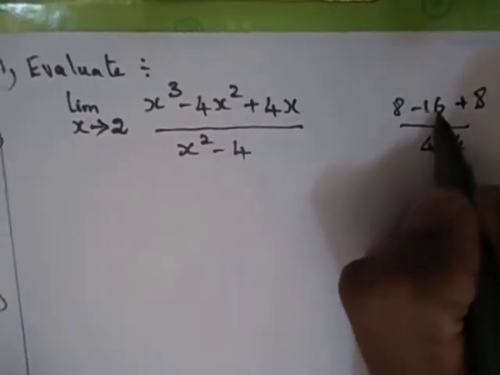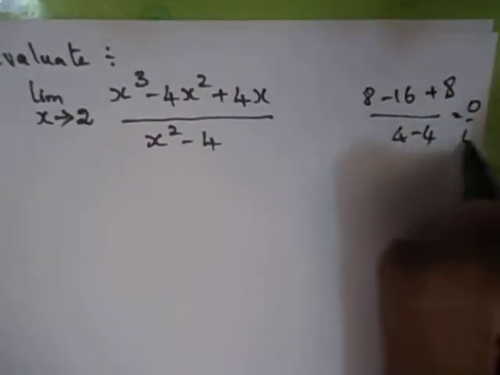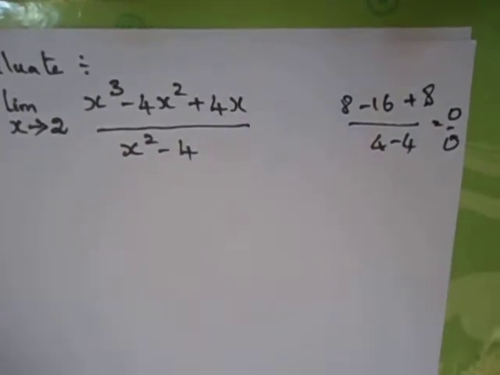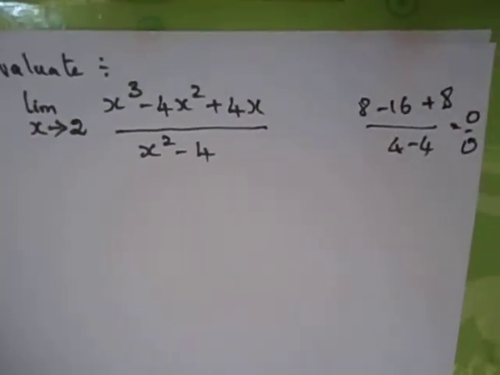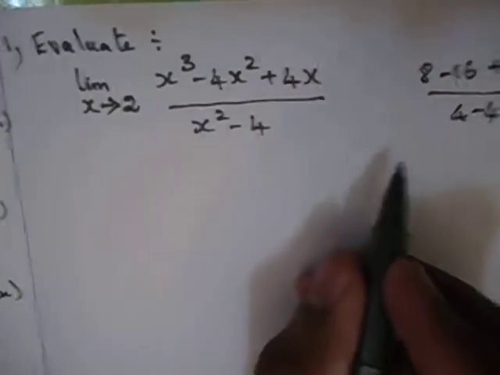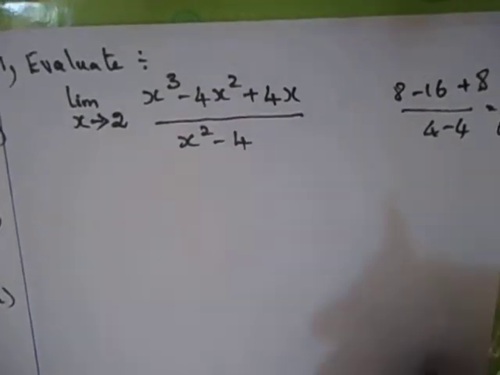So 8 plus 8 is 16, minus 16 is 0 by 0. So this is an indeterminate form. We cannot solve this, so we will factorize the numerator and the denominator.